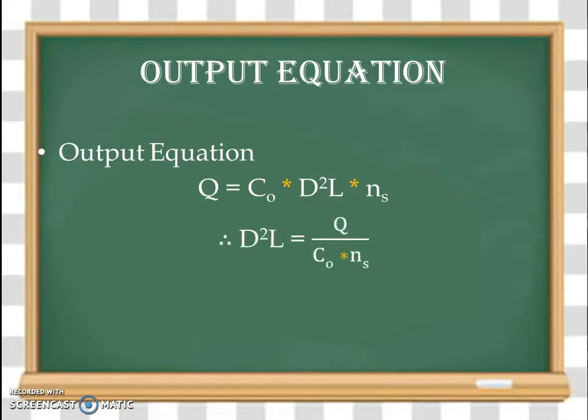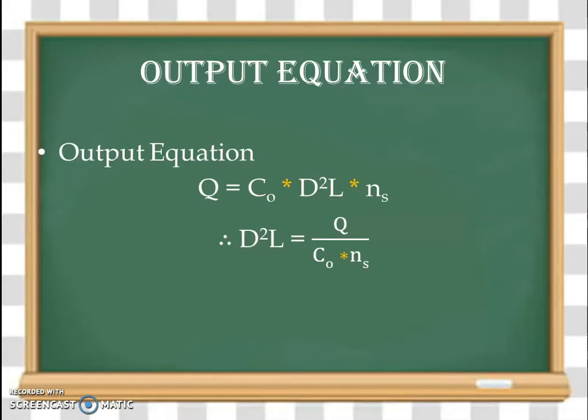From this equation, D square L is equal to Q divided by CO and NS.